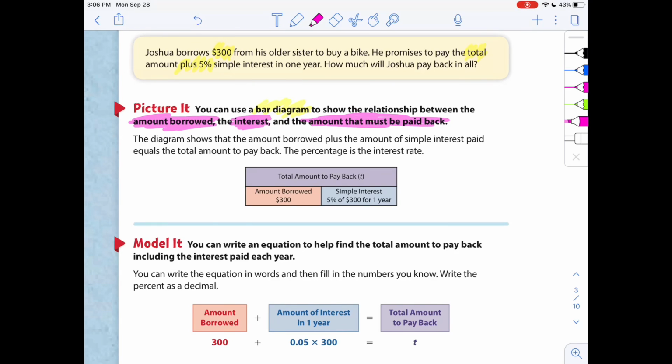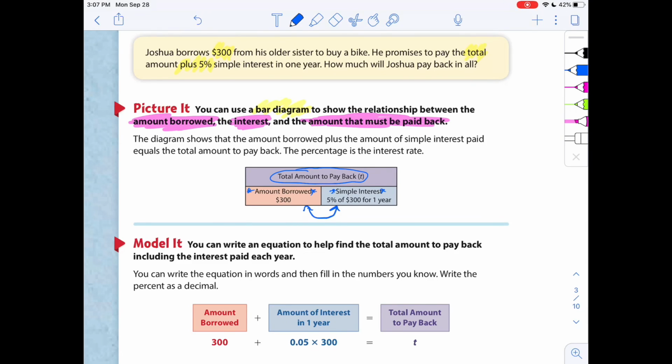So when we look at this, we can see that the diagram shows the amount borrowed plus the amount of simple interest paid. So that's going to be at the bottom, these two boxes, the amount borrowed and the simple interest. Those two together equal your total amount to pay back. So he's not just paying back a total of the $300, but the $300 plus that 5%.